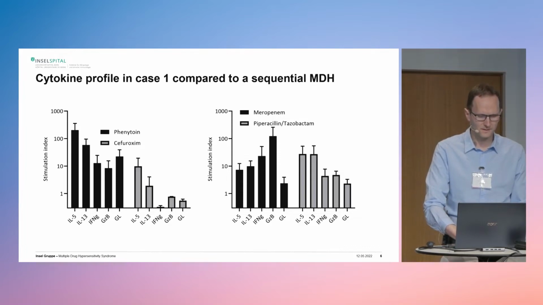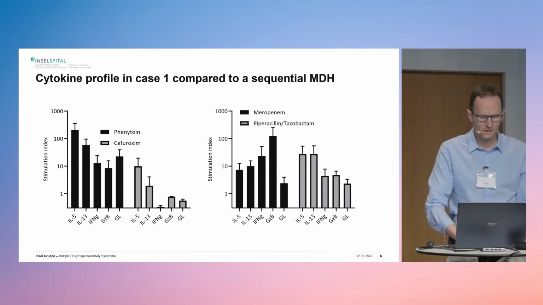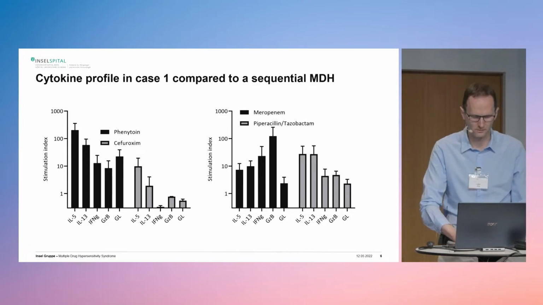On the left is the phenytoin. You see it's an IL-5 predominance, but all cytokines are elevated. The second one is cefuroxime. Here this patient made MPE. Also here you have an IL-5 predominance, but the stimulation index is lower, and the other cytokines are on a very low level.